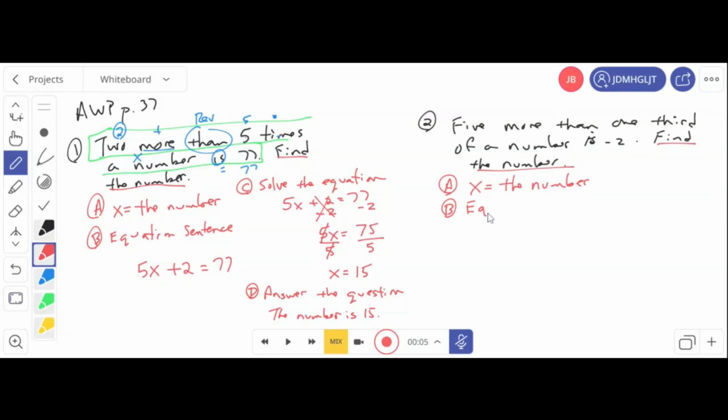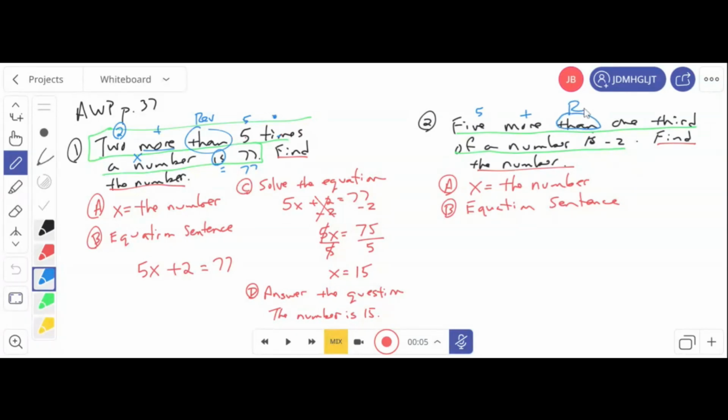Next, we need to find the equation sentence. The equation sentence is 5 more than 1/3 of a number is -2. FIVE is the number 5. More means addition.